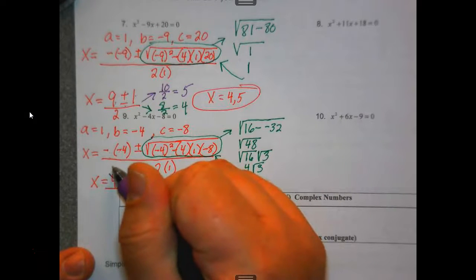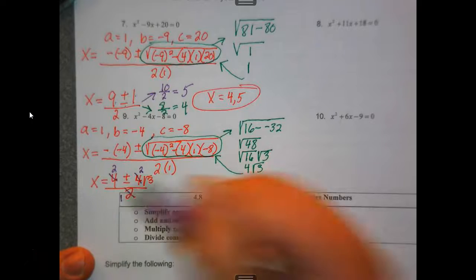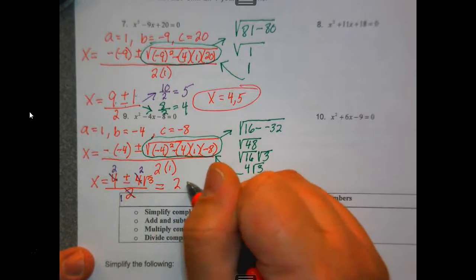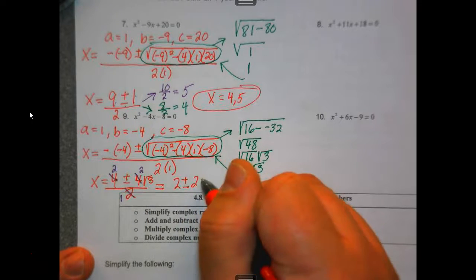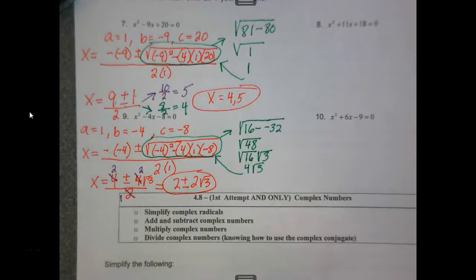So 4 divided by 2 is 2, 4 divided by 2 is 2, 2 divided by 2 is 1. So this equals 2 plus or minus 2 square root of 3, all over 1, which we don't really have to put. So my answer is 2 plus or minus 2 square root of 3. That's as far as I can go, unless you guys can go farther. All right, and that, my friends, is the quadratic formula.